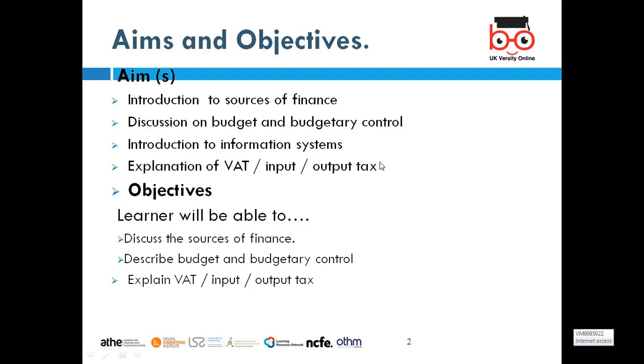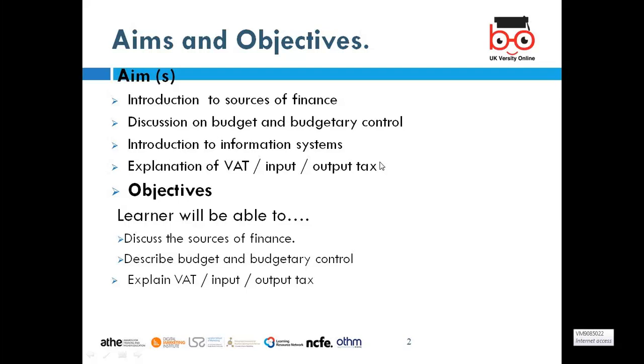We'll discuss budget and budgetary control, what is meant by it, and I'll refer you to the chapter of the book, which is good for background reading. And we'll discuss a little bit about information systems, which we already discussed. We already recapped a bit, but we can further enhance our discussion as well.